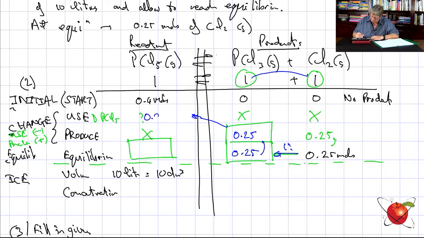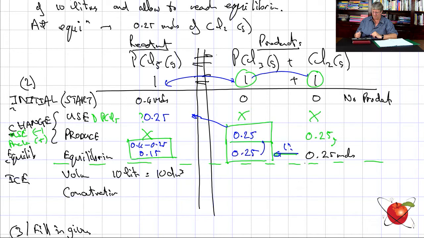I also used 0.25 because once again, it's 1:1. Every 1 mole of PCl5 gives me 1 and 1. You can see how critical that is now. So how much at equilibrium? It's going to be 0.4 minus 0.25, which is 0.15.